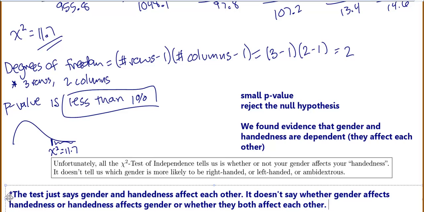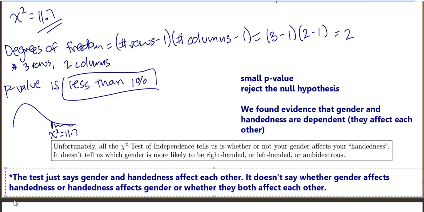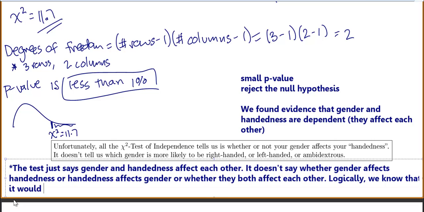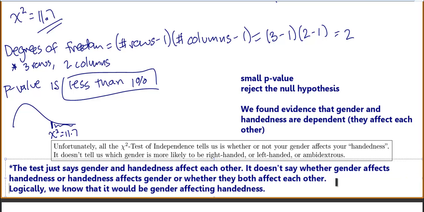The test just kind of tests to see whether they affect each other. But logically, we know that it would be gender affecting handedness, since changing from right-handed to left-handed isn't going to make you change your gender. The only way it can work is if what gender you have affects your handedness. Okay, but the test doesn't do that. The test just checks to see if there's any interaction going on.